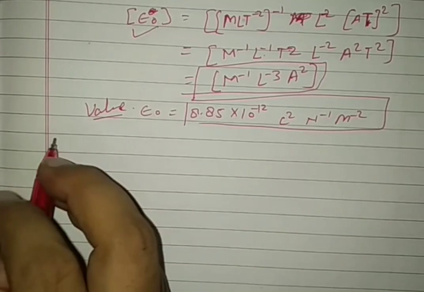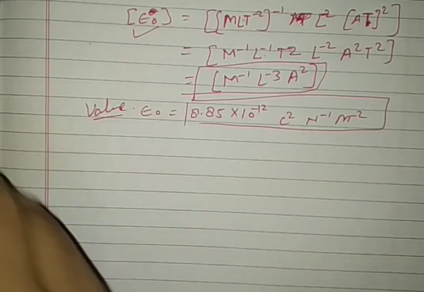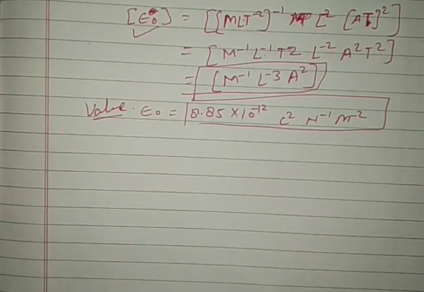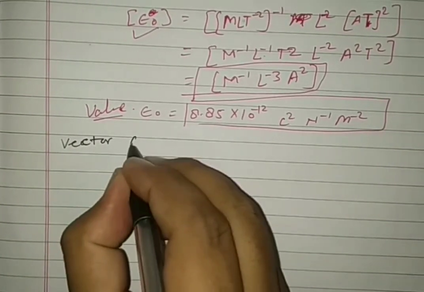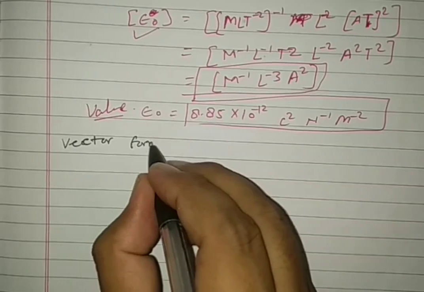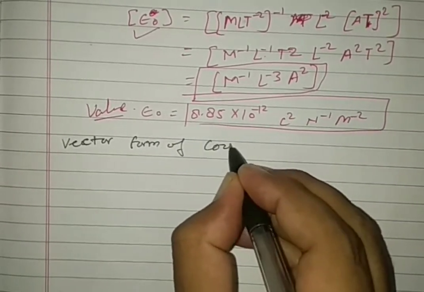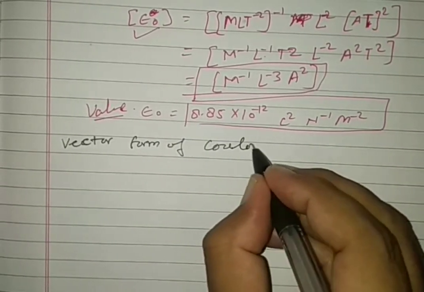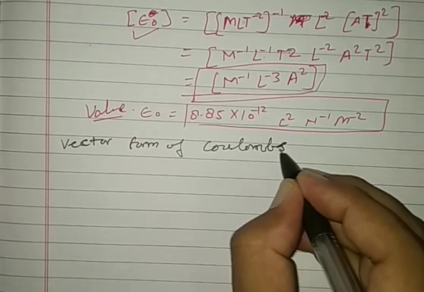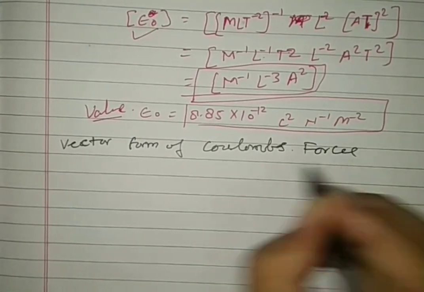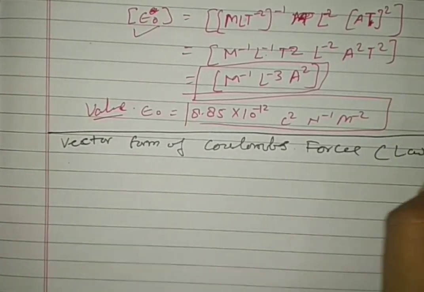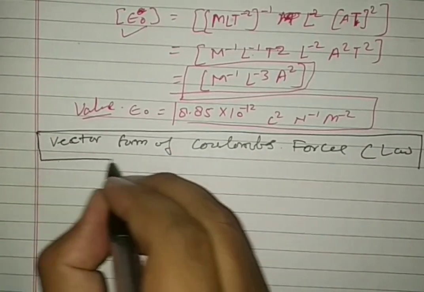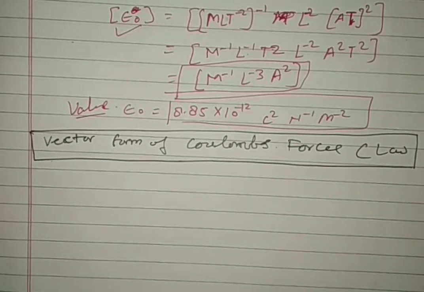Now see very carefully, the vector form of Coulomb's force, or we say Coulomb's law. This vector form has great importance.